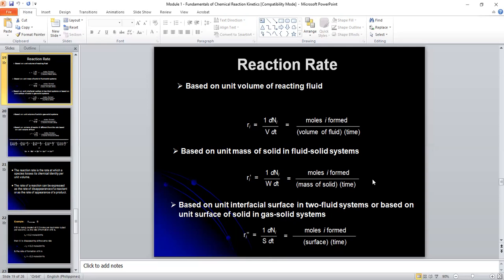So right away, the problem tells you what is given to you. So you can decide whether this is a two-fluid system or a gas-solid system. Am I given the interfacial surface in between my phases? What I mean by phases is between my liquids, between my gases, between my liquid and gas, or between my gas and solid.